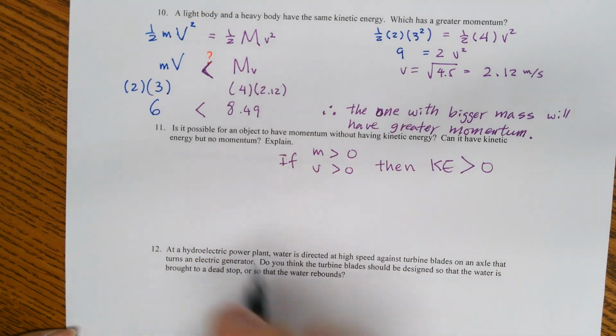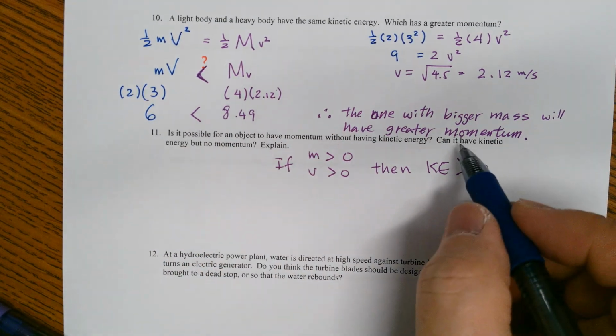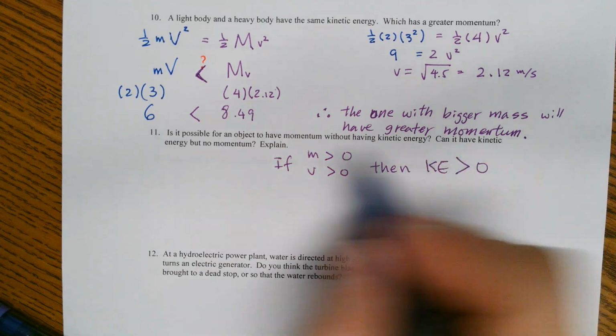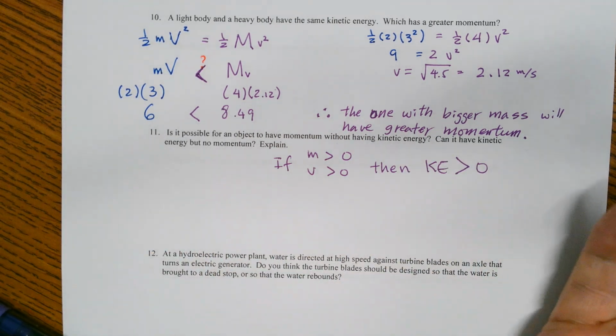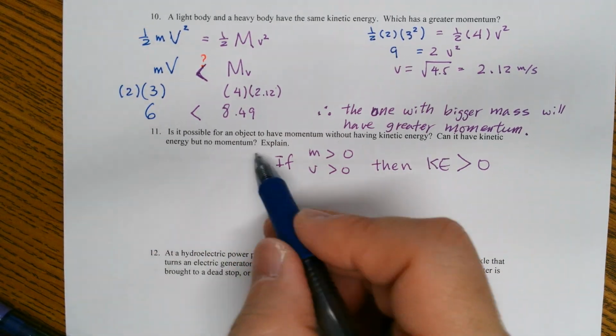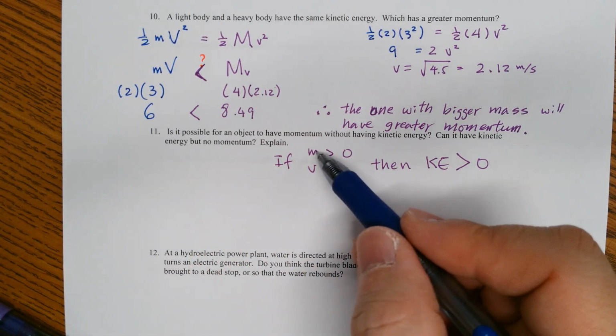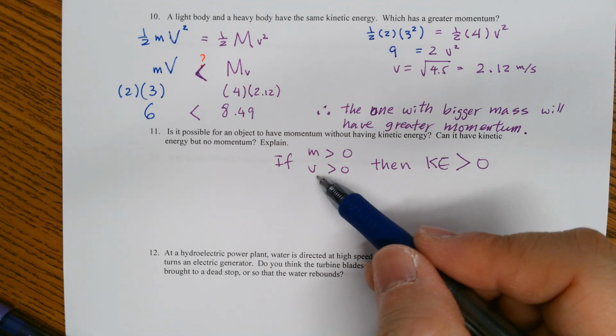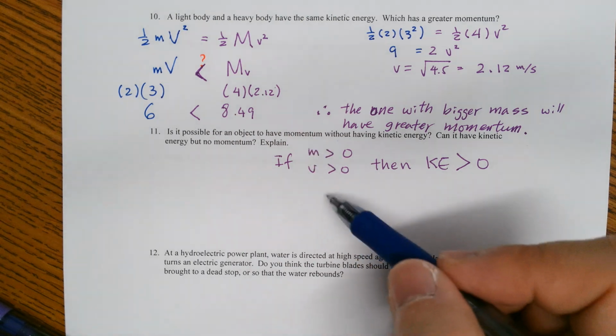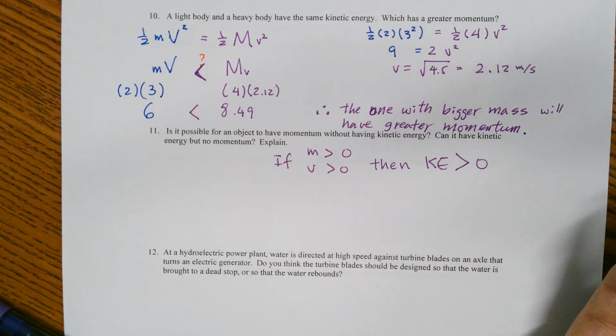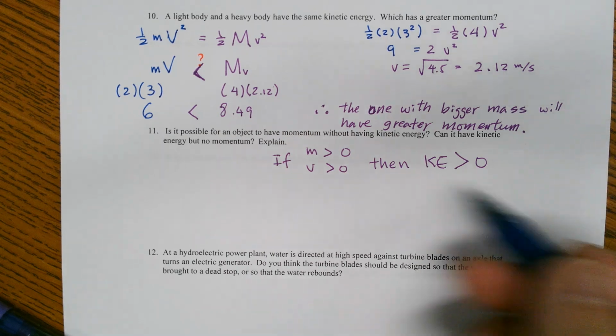No way. Can it have kinetic energy but no momentum? If you have no momentum, that means your mass is zero or your v is zero. But if your v or mass is zero, then you cannot have kinetic energy either. So vice versa.